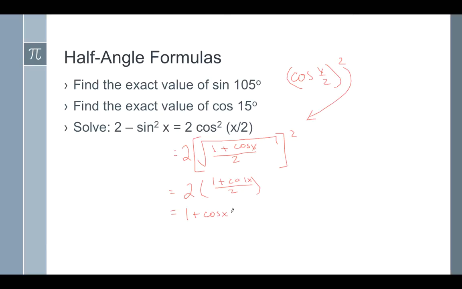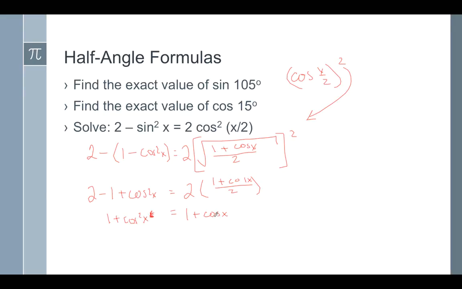Now, because this is cosine here, I actually need to change this sine squared into cosine so I can actually solve. So I get 2 minus 1 minus cosine squared x. Distribute that minus, I get minus 1 and a plus cosine squared x. So this becomes 1 plus cosine squared x. And lo and behold, this actually becomes a pretty simple question.